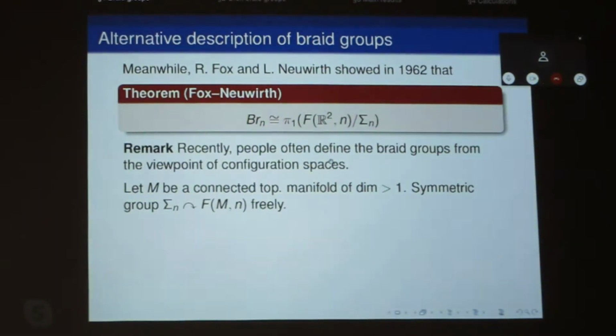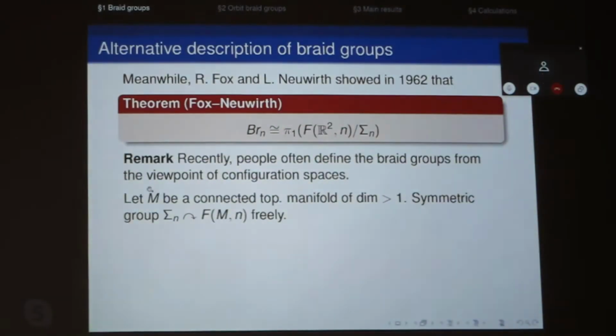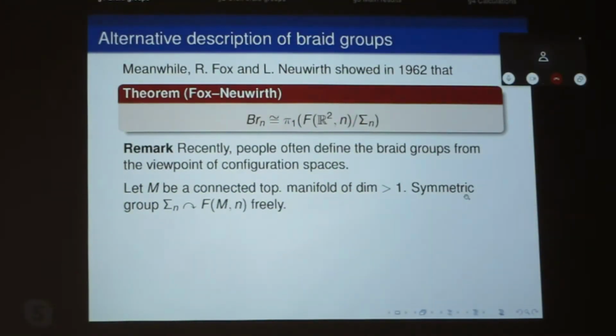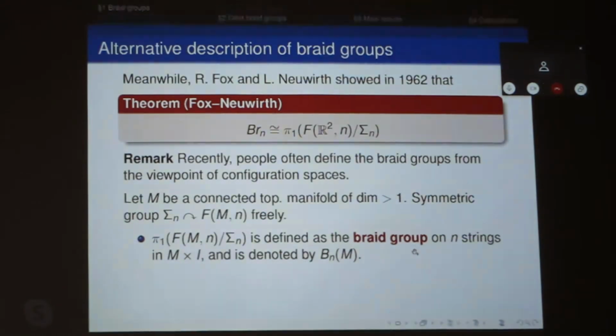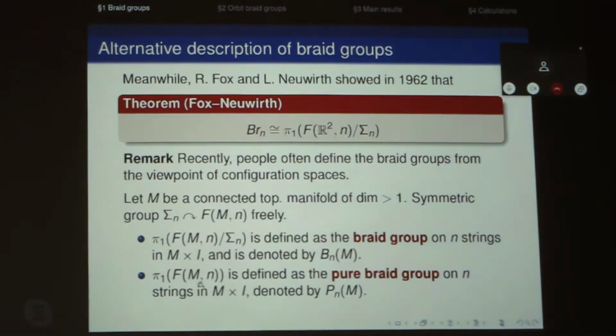Recently, people often define the braid groups from the viewpoint of the configuration space, giving a connected topological domain for it. Here, the symmetric group acts freely on the configuration space. Then this fundamental group is defined as the braid group. The fundamental group of the configuration space itself is defined as the pure braid group.